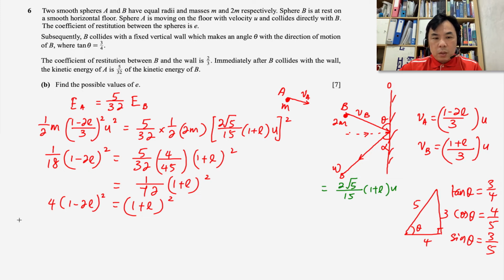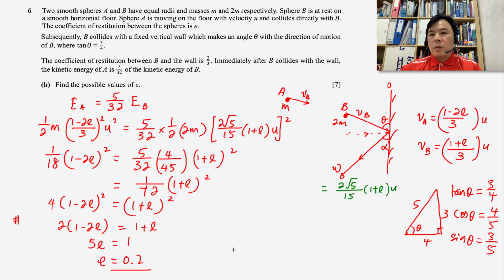I'm going to consider my first case, whereby it is plus. From here, I'm going to solve that. I found that my 5e, I'm going to move over. 5e is equal to 1. Therefore, e is equal to 0.2. That's my first case.